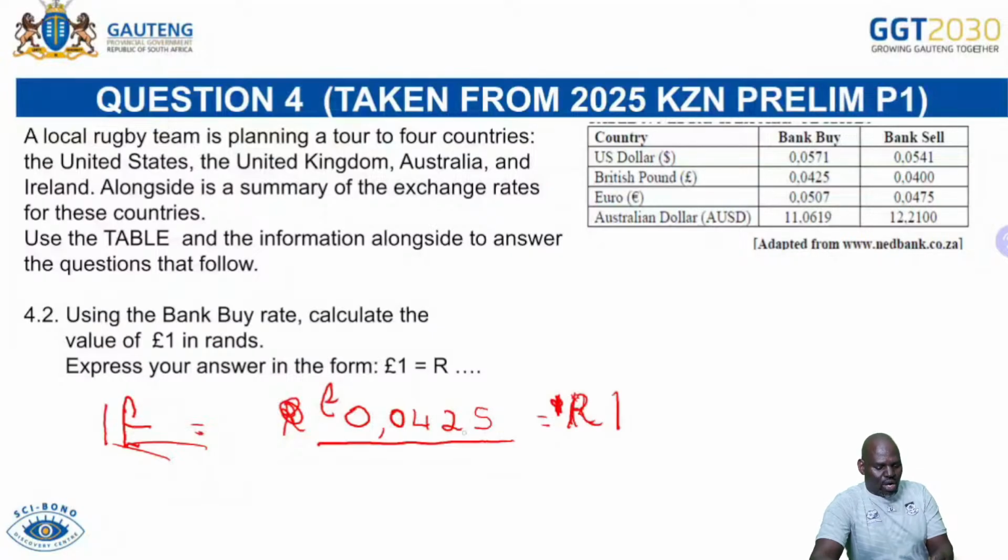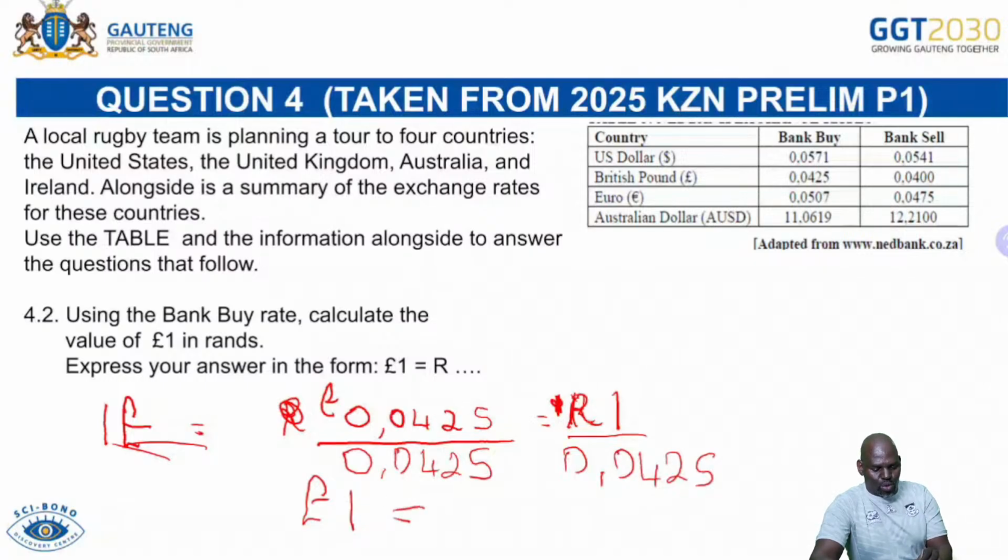0,0425. So in this case, in order to get 1 there, we have to divide by 0,0425, and I also divide by 0,0425 on the other side, so that I can be left with 1 there. So this will be 1 British pound, because 0,0425 divided by 0,0425 will give me 1.